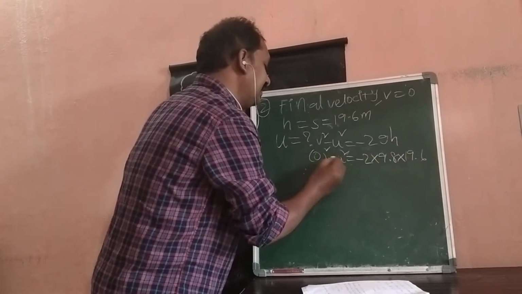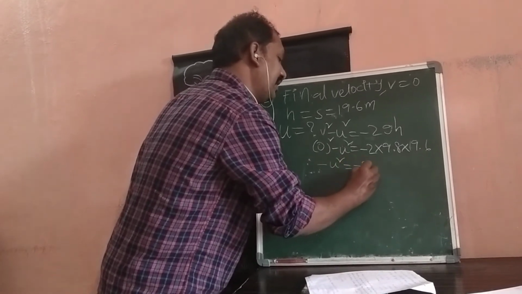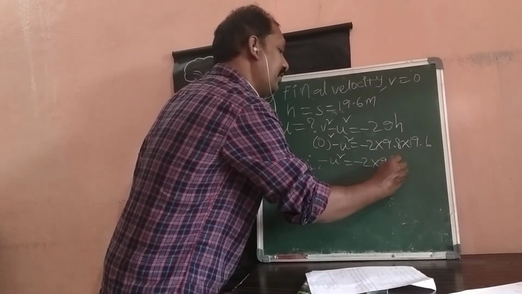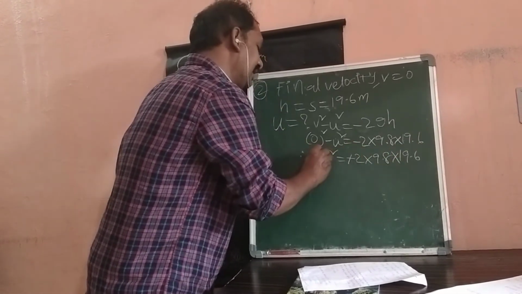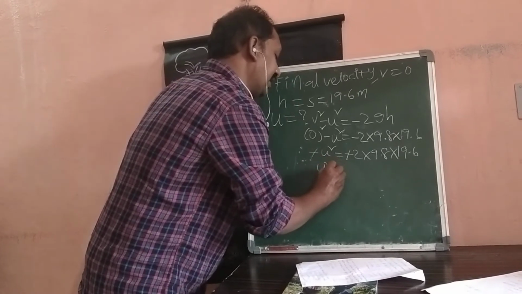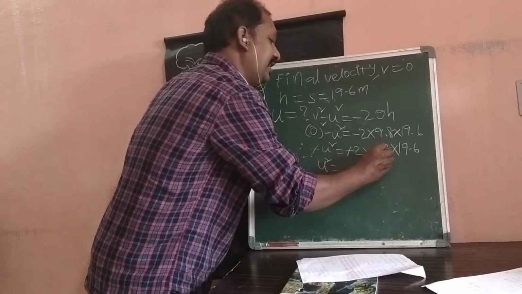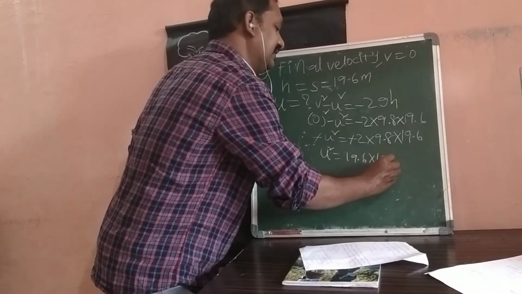So 0 square is 0. Minus u square is equal to minus 2 into 9.8 into 19.6. You need to cancel the minus signs. So u square is equal to 2 into 9.8 into 19.6.